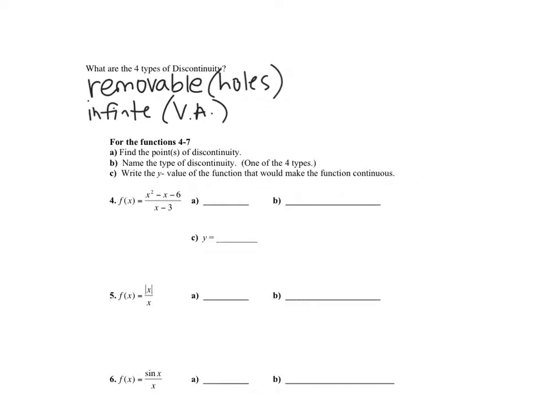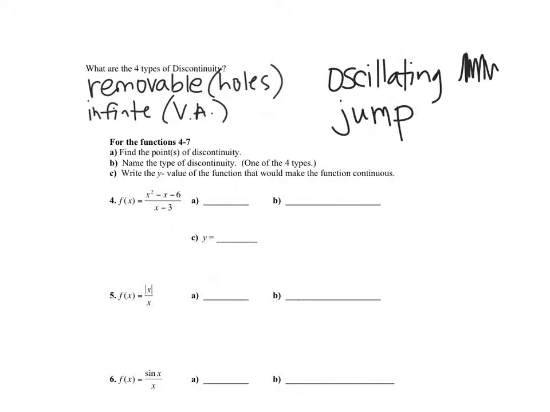Then there's oscillating. Horizontal asymptotes, you can cross them. Vertical asymptotes, you can't. Oscillating, those are the ones that go back and forth. They look kind of interesting on your graph. And then, what's the other one? Jump. Do we have to know oscillating for the test? Yeah. So a jump would be something that jumps. There's a gap there. Different than a hole in the graph. It's a jump.